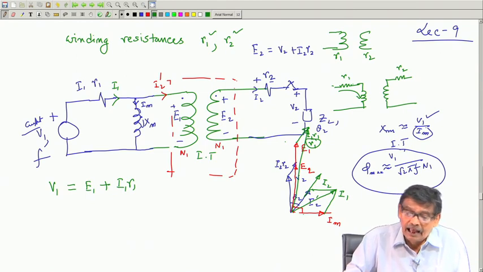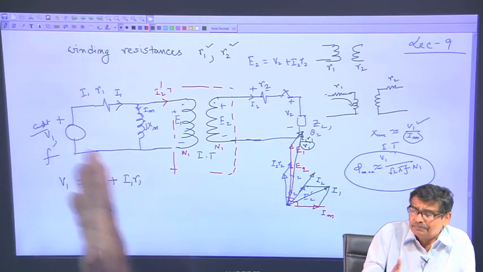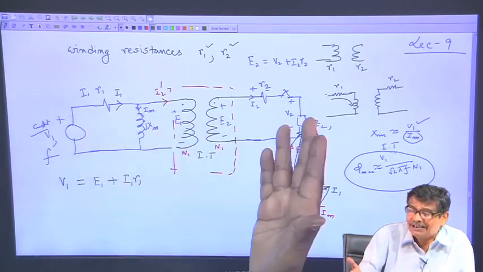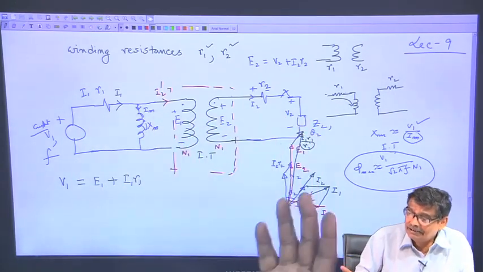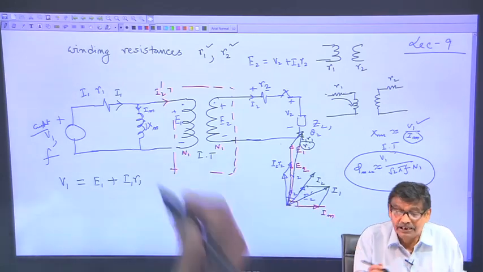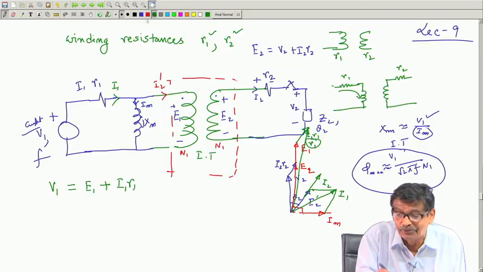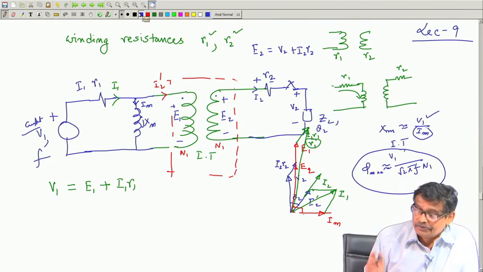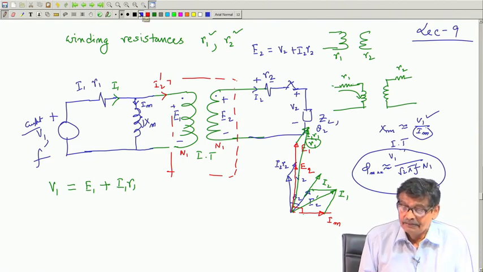Start with, I could start with V 1, but it is better you start with the load, because the primary current is decided by load, it is much more easier. So, I will quickly go through these steps, so that you can understand. Suppose switch is closed. Okay.